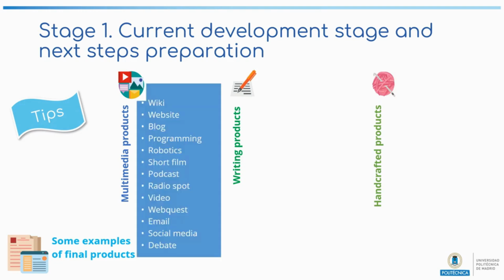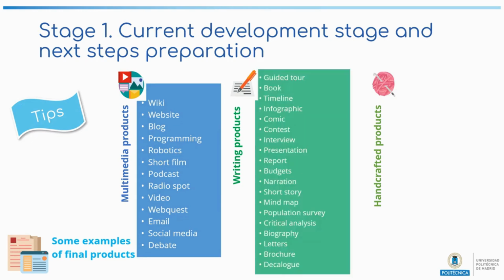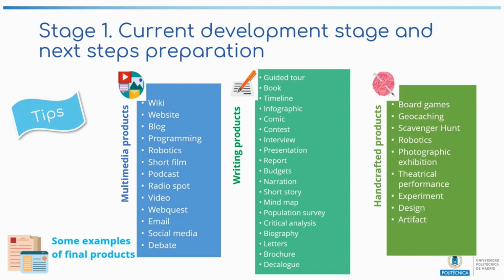In the first group, some ideas are to produce websites, wikis, blogs, videos, etc. Writing products may include to produce a guided tour, a book, a comic, an infographic, etc. While some ideas for handcrafted products could be board games, a geocaching game, a photographic exhibition, etc.